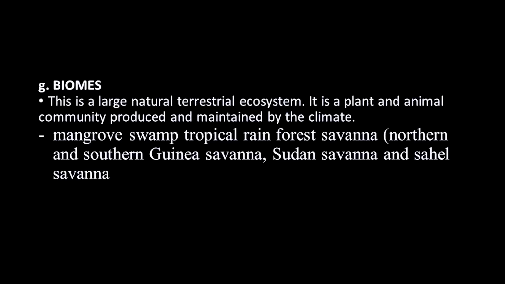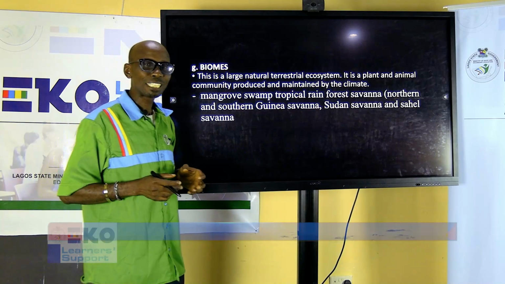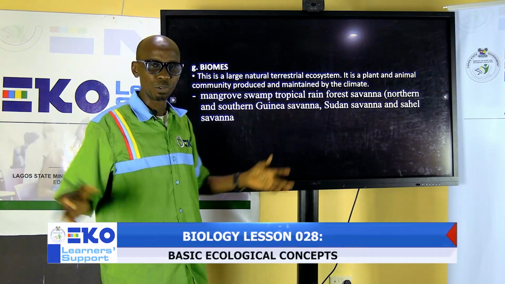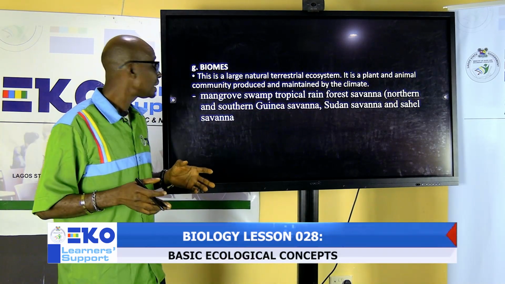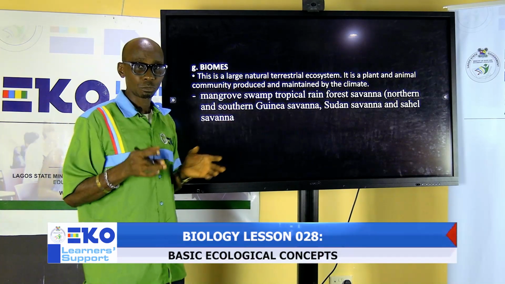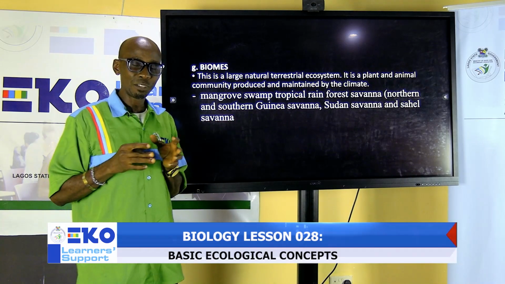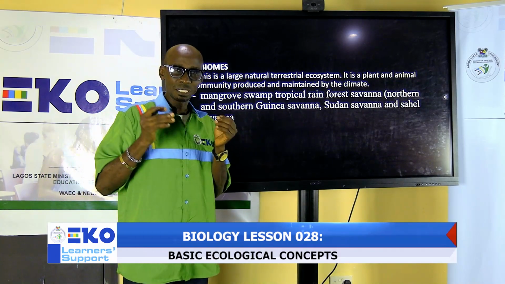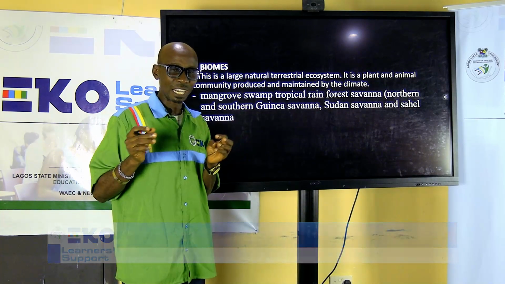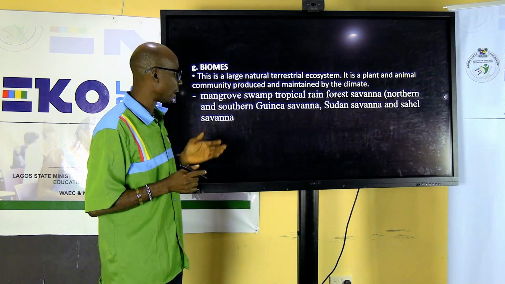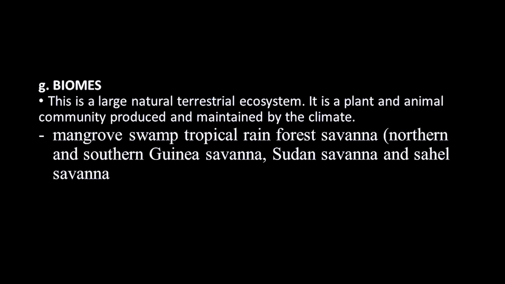Then the next one is biome. A biome is a large natural terrestrial ecosystem or large continuous area of vegetation. A biome is basically vegetation. Plants, different kinds of plants, different kinds of trees, different kinds of grasses make up the biome. Then we have different kinds of biomes.